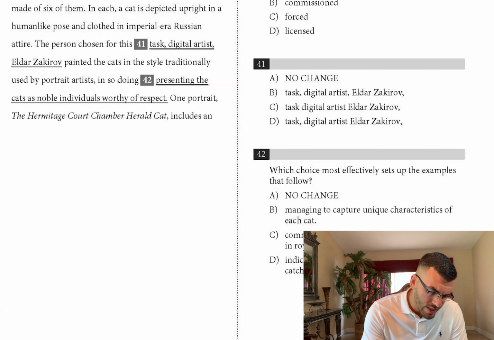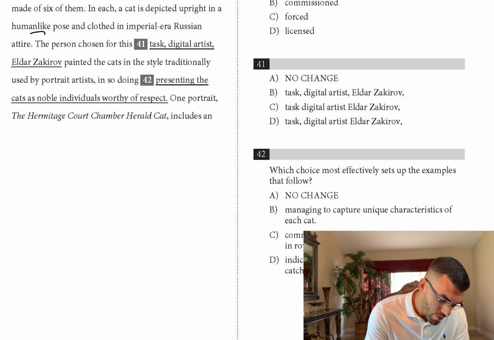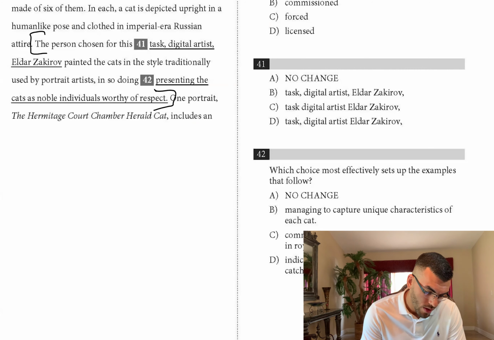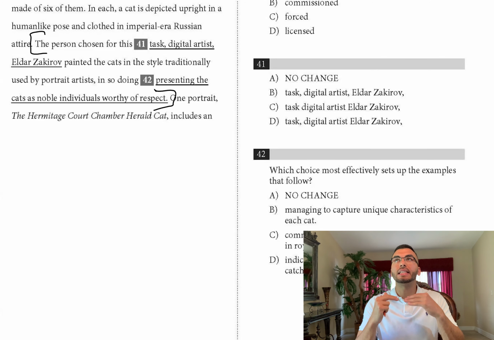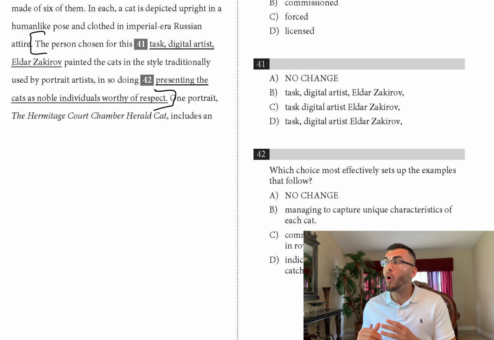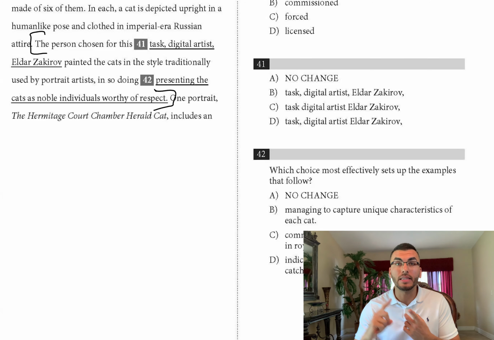If I read the sentence in question and put brackets around the underlined portion, the commas are staying the same within every answer choice. So I'm not dealing with stop, half stop, and go punctuation, because I would see different types of punctuation. If I'm just seeing commas and commas only, then it has to be either a list or unnecessary information.